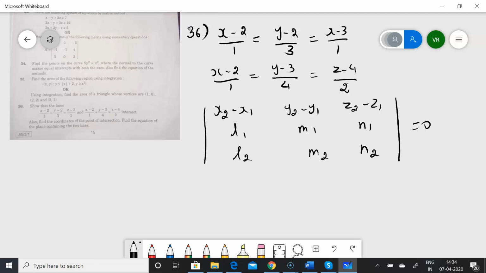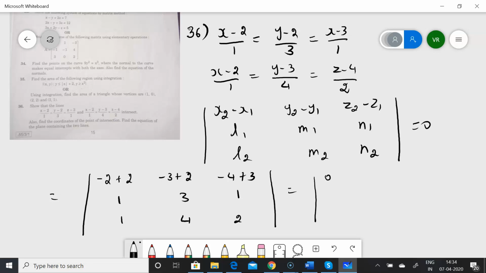Now substituting, you get the rows minus 2 plus 2, minus 3 plus 2, minus 4 plus 2; 1, 3, 1; and 1, 4, 2, which is equal to 0, minus 1, minus 1, 1; 3, 1 and 1, 4, 2.